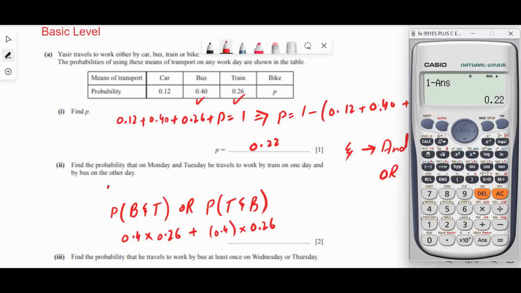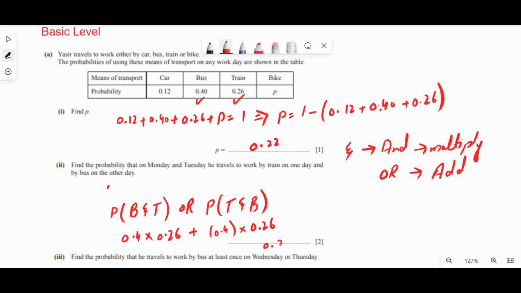So if we simply multiply 0.4 by 0.26, and then multiply it with 2, it will be equal to 0.208. So this will be the final answer for the second part. Let's move to the third part.